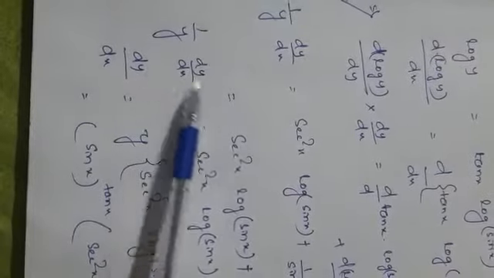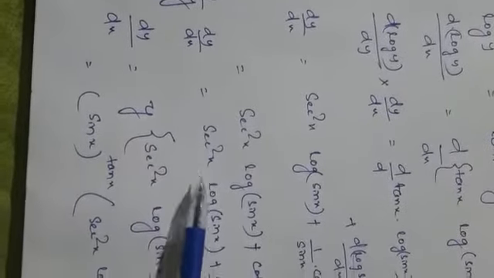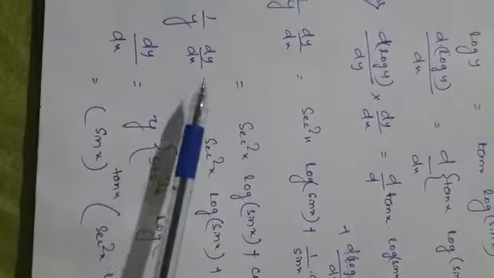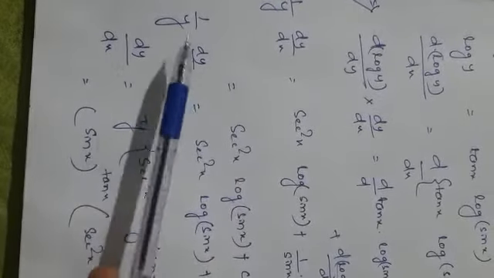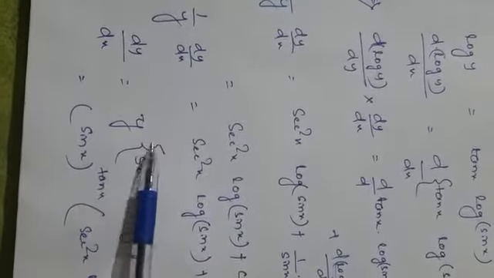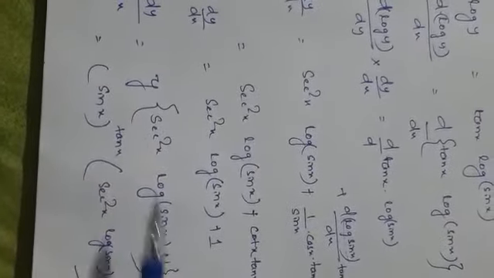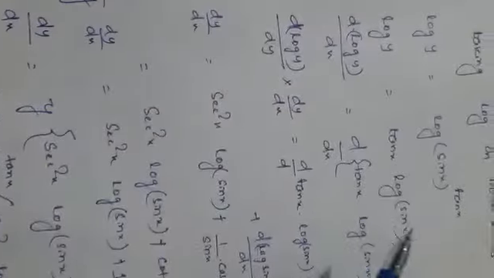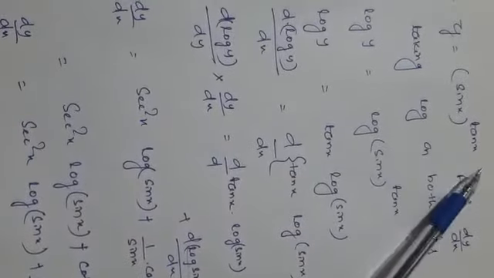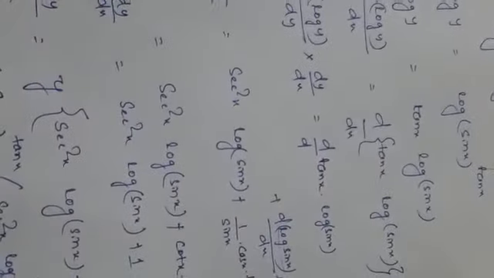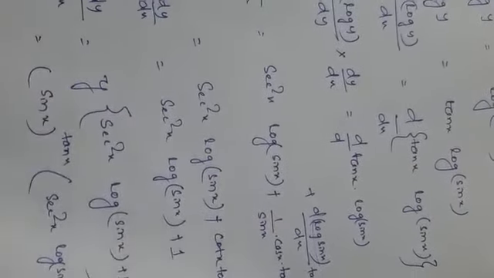So 1 by y dy by dx equals that. Now dy by dx is equal to y multiplied by it, since y is divided here. So what is the value of y? The value of y equals sin x power 10x. Now this is the answer of question number 2.